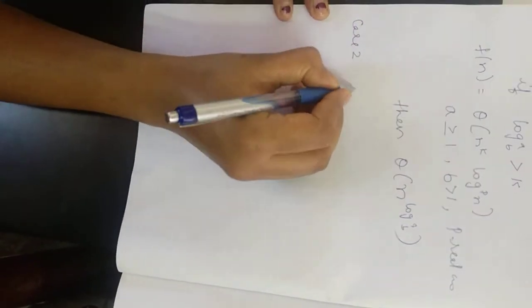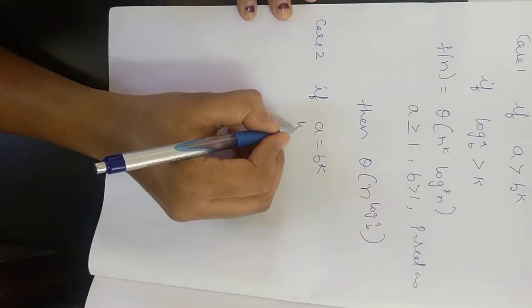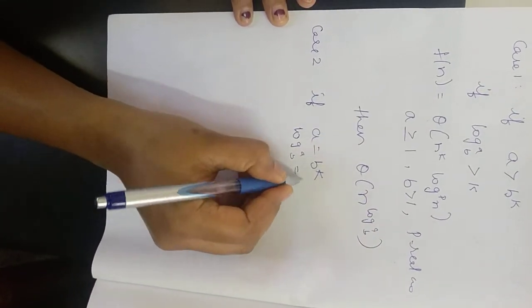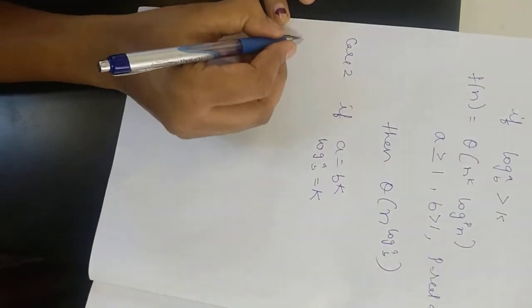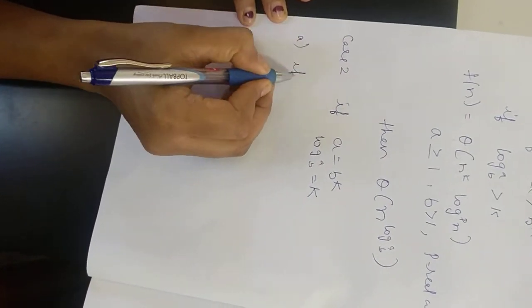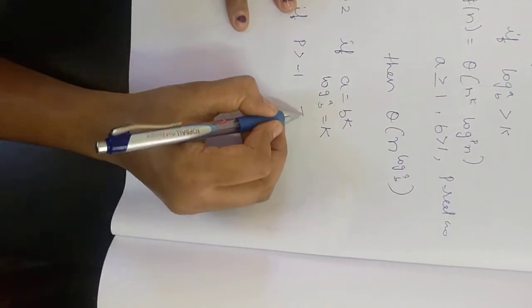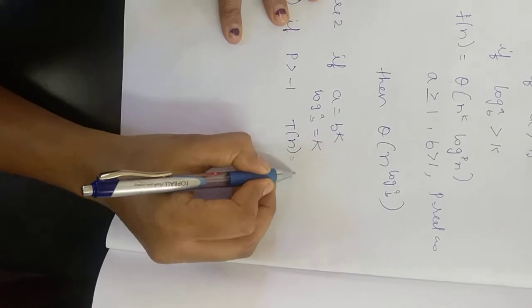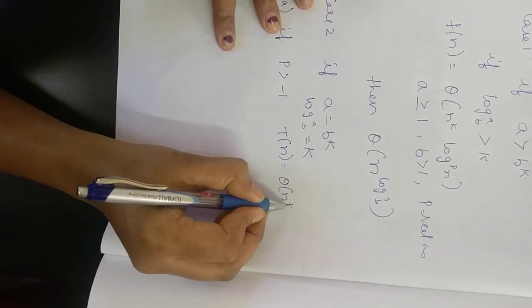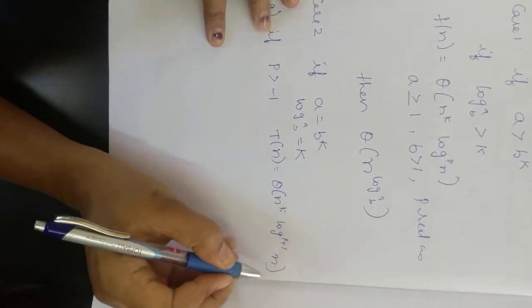In case 2, if a is equal to b to the power of k and log a base b is equal to k, you have three conditions depending on the value of p. The first case is if p is greater than minus 1, the time complexity will be theta of n to the power of k log to the power p plus 1 of n.